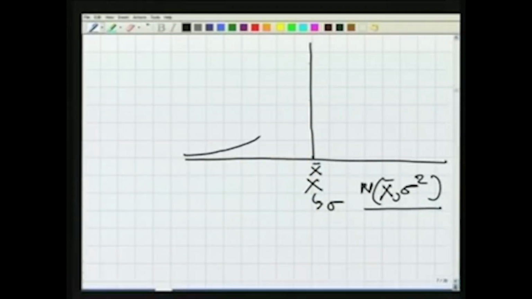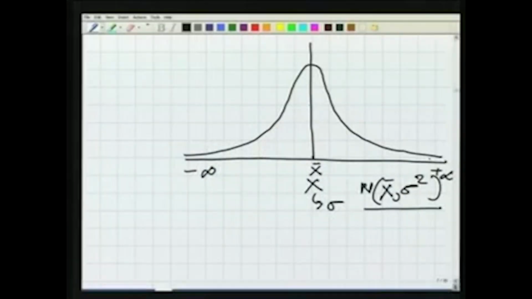That is why I am writing it every time. Then a normal curve, the bell shaped curve, which goes from minus infinity to plus infinity. Now, we want to make use of what we saw just in the previous slide. The idea is, can we really find the probability of occurrence using the normal curve between two values?